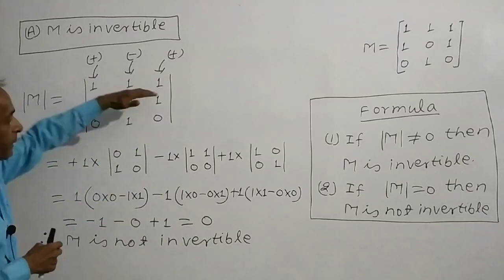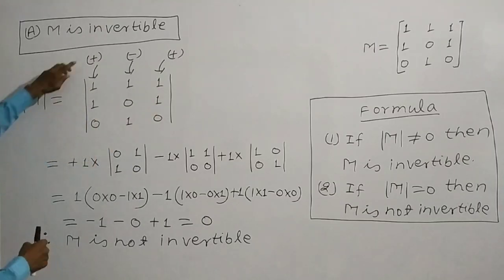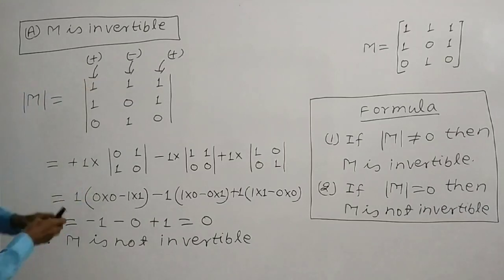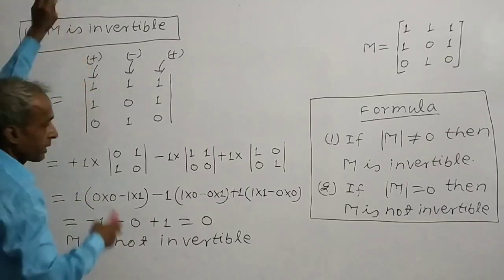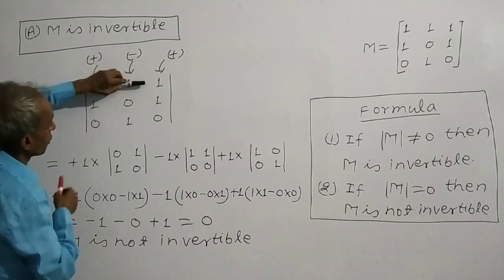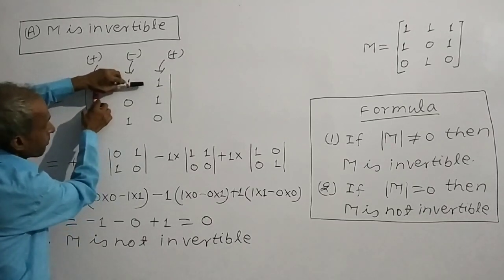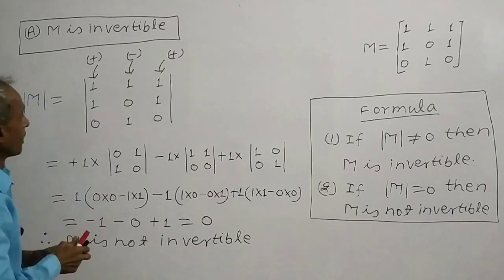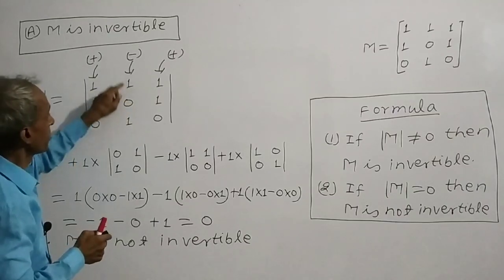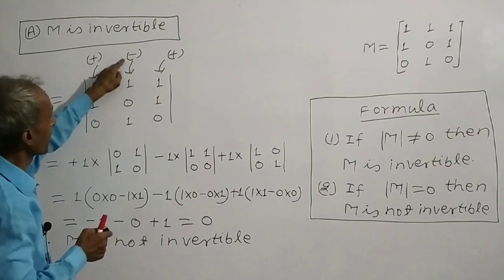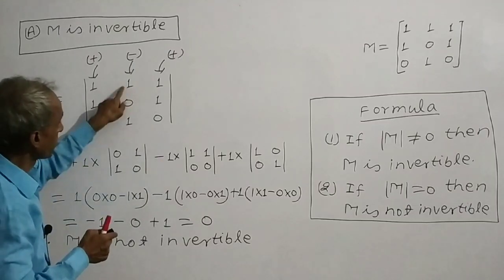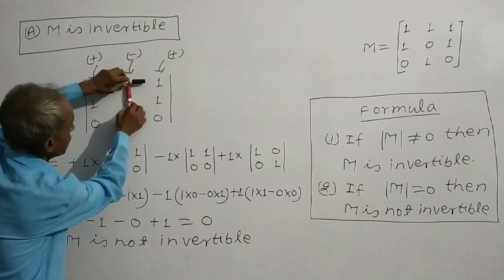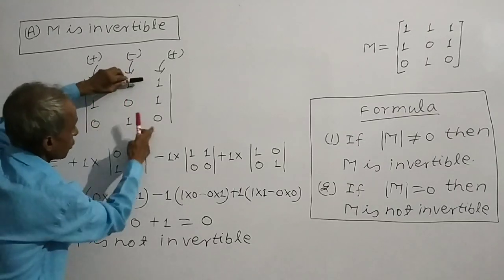When we expand this determinant along the first row, we write a plus sign, then write 1, then cover this first row and first column. Then there is 0, 1, 1, 0. The second element of the first row is 1. Here is a minus sign. Therefore, first we write the sign, then we write this element times. Now cover this row and this column. Then 1, 1, 0, 0.